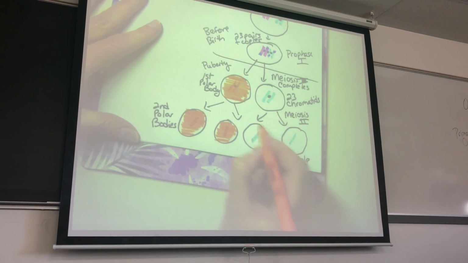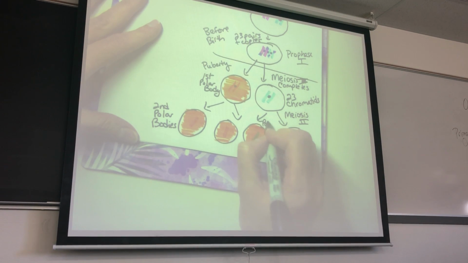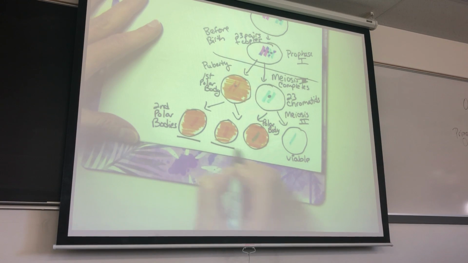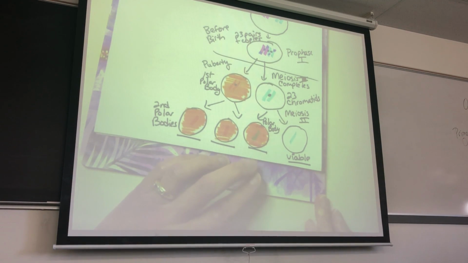Also, in the process of meiosis 2, right when it splits, one of those is also a polar body. So we end up at the end with 1, 2, 3 polar bodies and 1 viable oocyte.